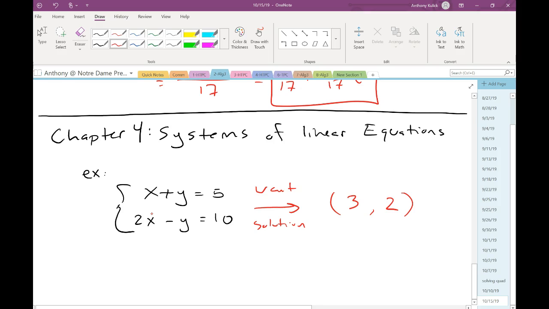Anyways, I'll write it this way, x1, y1.